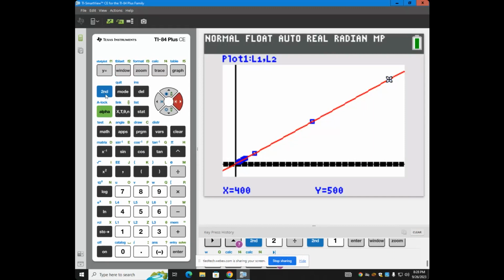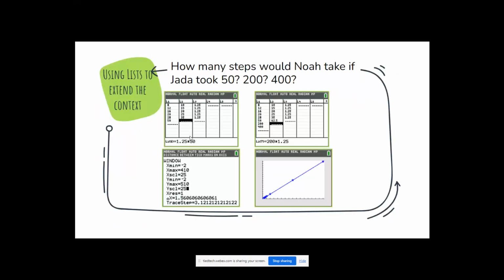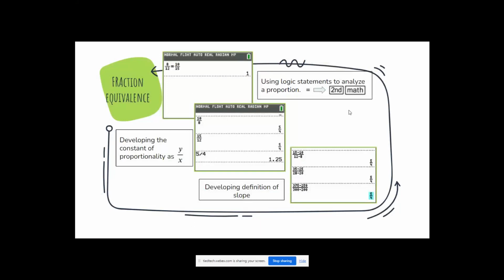Now, in the slide presentation, I do talk about how you can use what Deb was saying earlier to check these proportional relationships. Since she already introduced that, we don't have to go over it again, but we can continue to talk about that. But we come back to this leading question of what does this 1.25 mean?